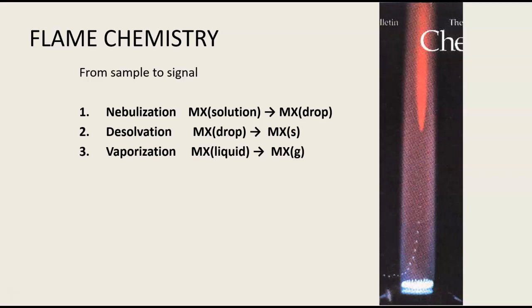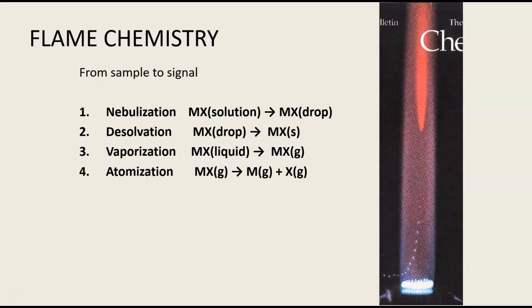And then the salt gets liquefied and vaporized, as we simply heat it up from the thermal energy of the flame, which could be in the neighborhood of 3,000 Kelvin or better. And then the energy from the flame is breaking that metal salt apart into the metal atom, which is what we want, and then the counter ion that's present.